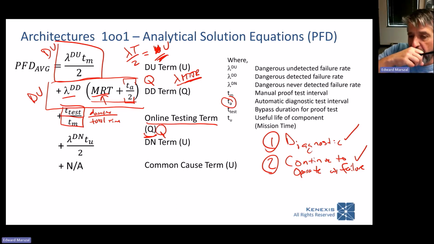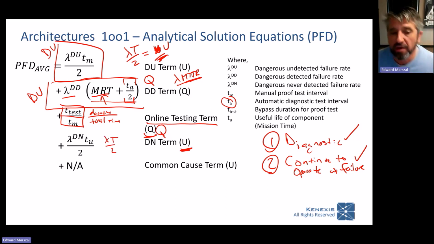The DN term, which I've spent a lot of time explaining, is real. It's something you need to think about. But again, it is an unreliability. So we're using, again, lambda T over 2. The lambda is the DN, but it's a failure rate times test interval over 2. And the reason we're using this is that never detected failures aren't detectable.